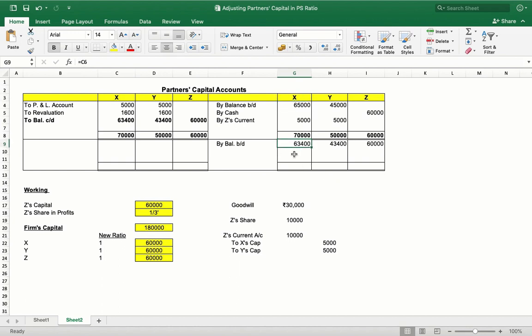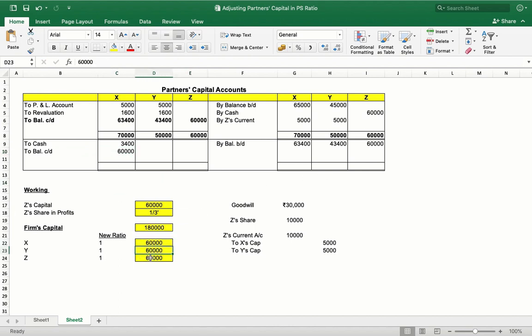Mr. X will withdraw this 3,400 in order to keep his capital at only 60,000. Once he withdraws the money, the balance of his capital account will decrease, so we will put that withdrawal on the debit side. On the debit side, we will write to cash 3,400, and the balance left is 60,000 now, and that's what we need.